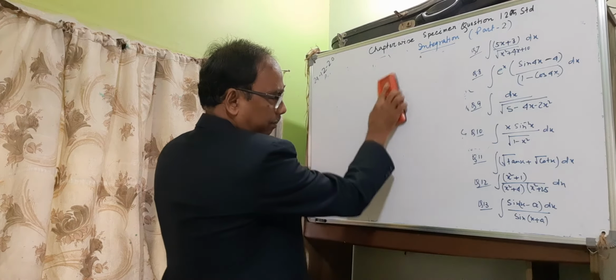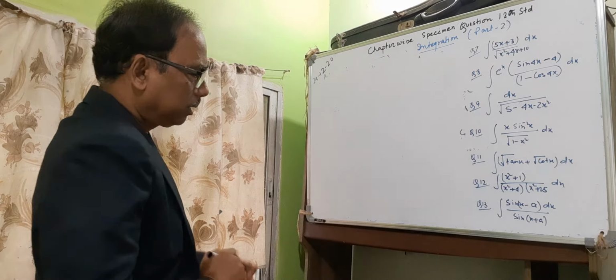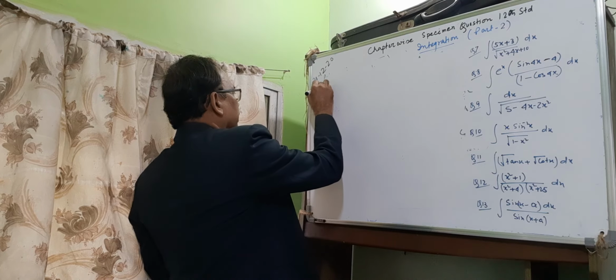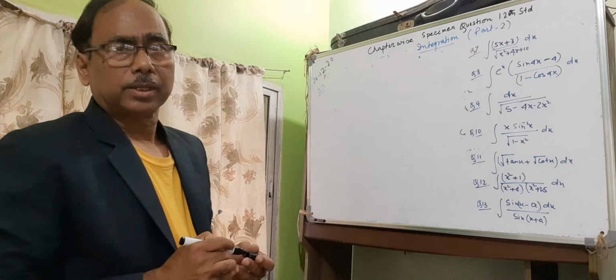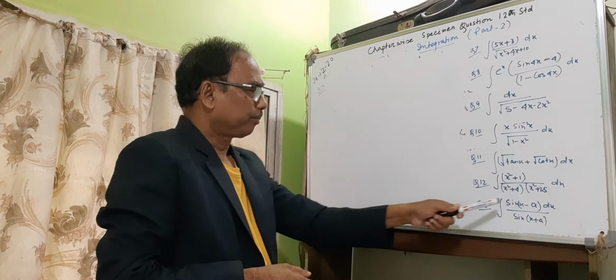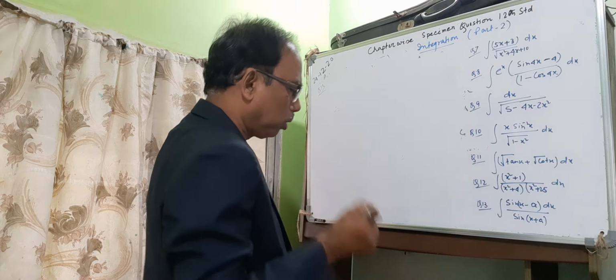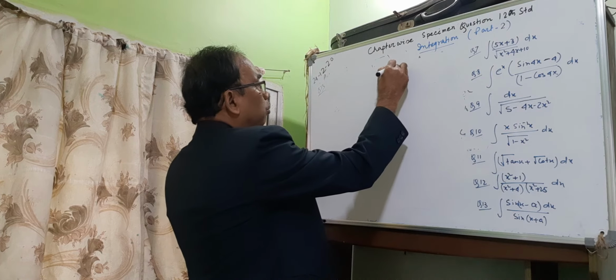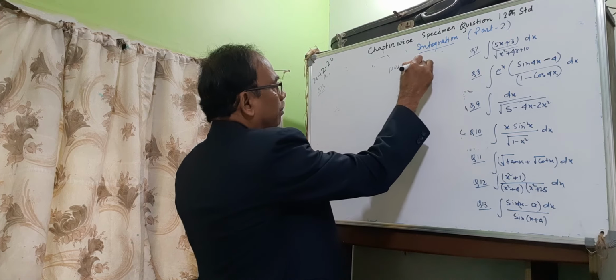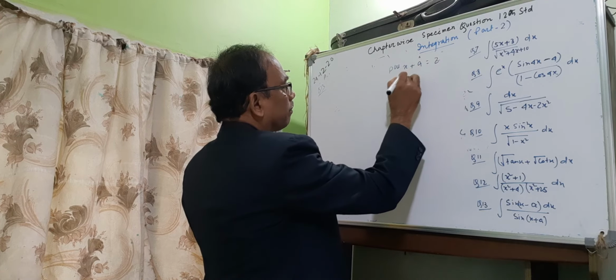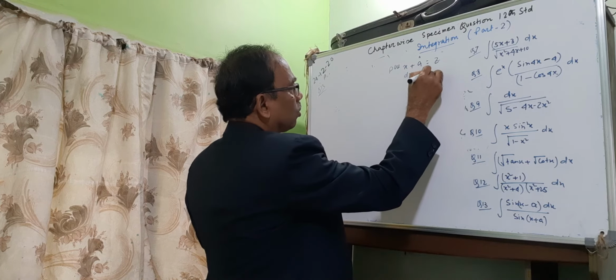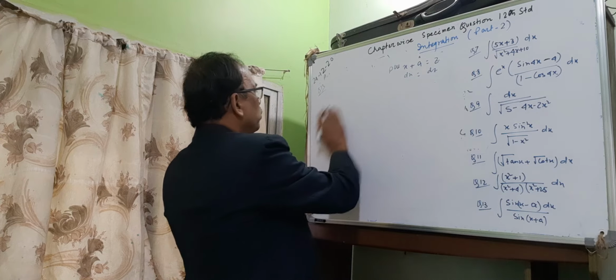Next, the last sum, sum number 13, question number 13. Here you should take x plus a equals z. Then dx equals dz. Now put it here.